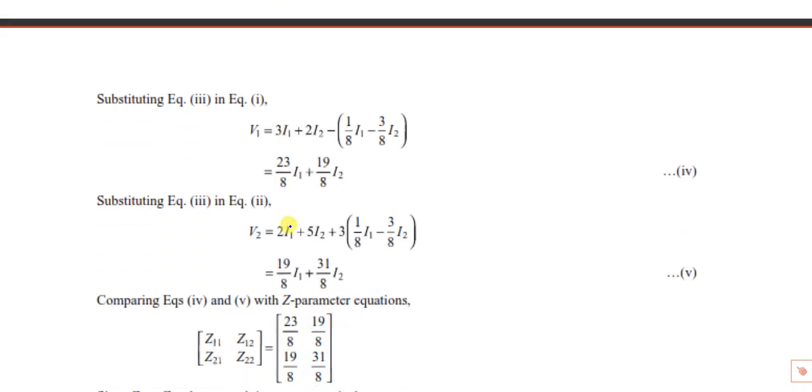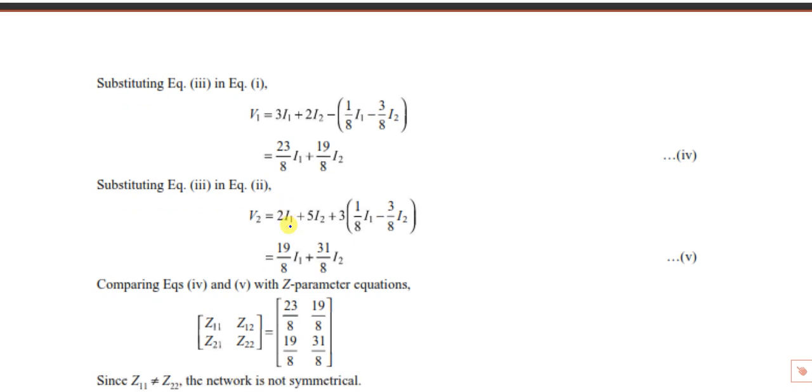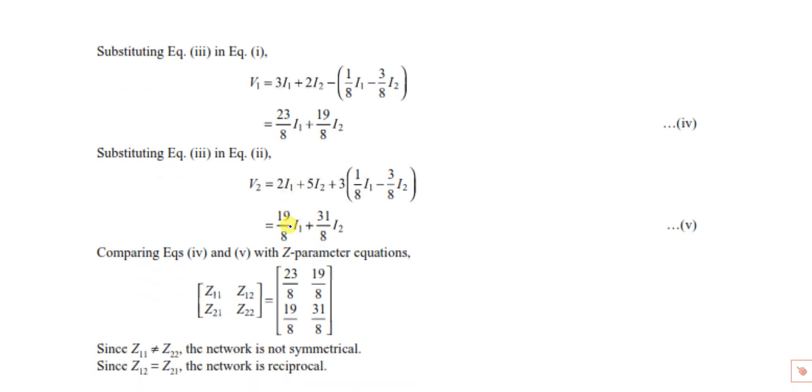So here it is substituted. In equation number 1, if you substitute the value of I3, we have 3I1 plus 2I2 minus I3. Now the I3 value is 1 by 8 I1 minus 3 by 8 I2. If I simplify this, 3I1 and this is also an I1 term, so 3 minus 1 by 8.